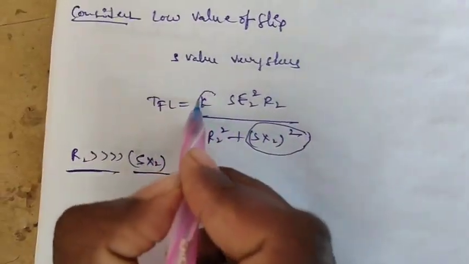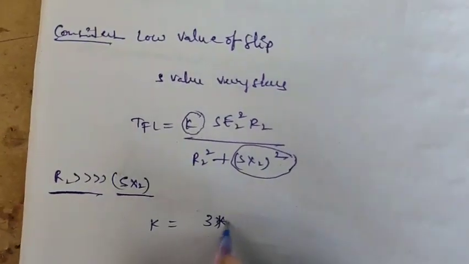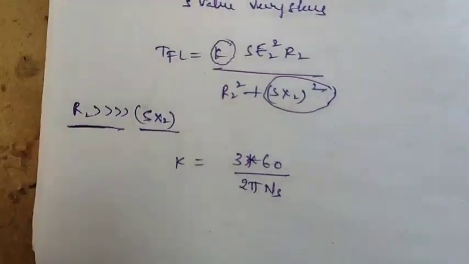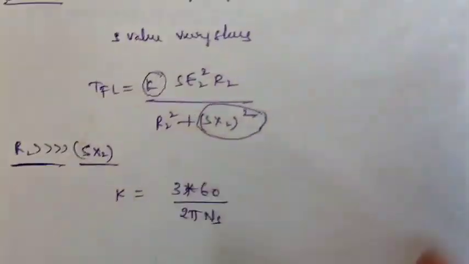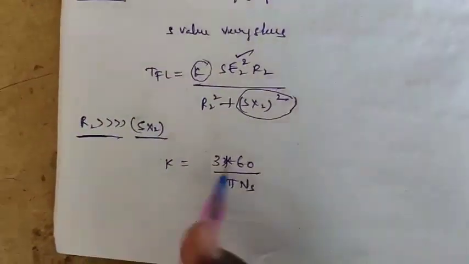Also the K value is constant. The value of K is equal to 3 into 60 by 2 pi ns. Next, E2, the induced EMF, is also constant.